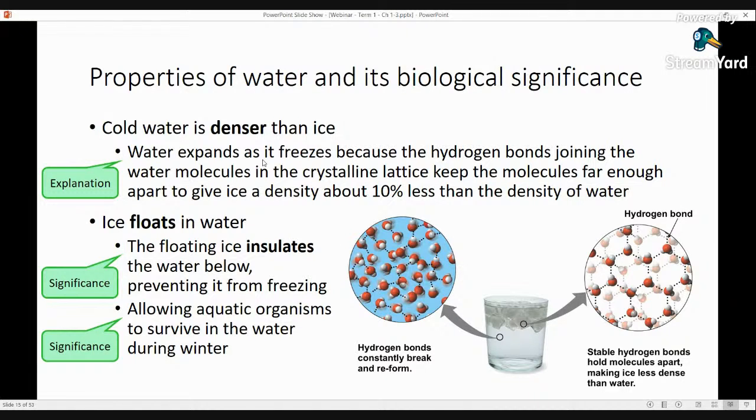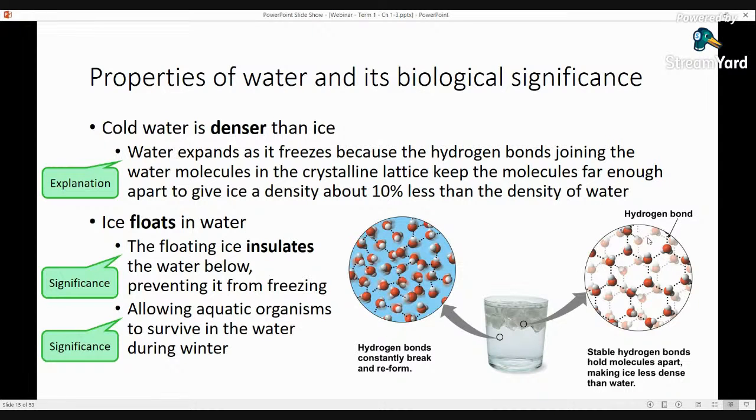Water expands as it freezes because the hydrogen bonds joining the water molecules in the crystallized lattice keep the molecules far enough apart. Therefore, the volume of the ice increases by about 10%, so the density will be around 10% less than the density of water.